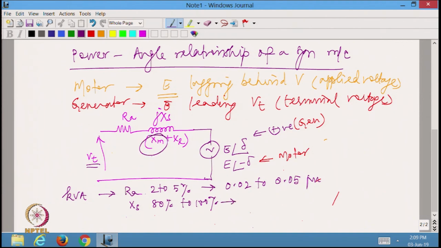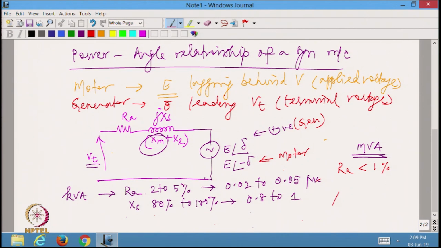So, essentially this is 0.8 to 1, whereas if I look at the MVA rating of the machine, normally RA will be less than 1%. It can be 0.005, something like that.